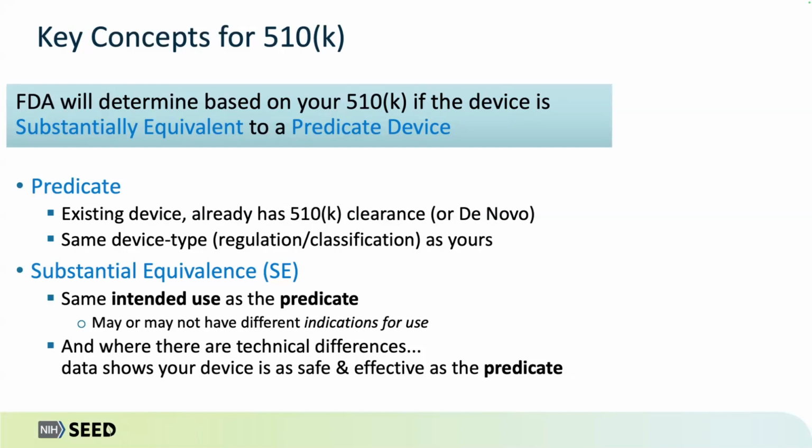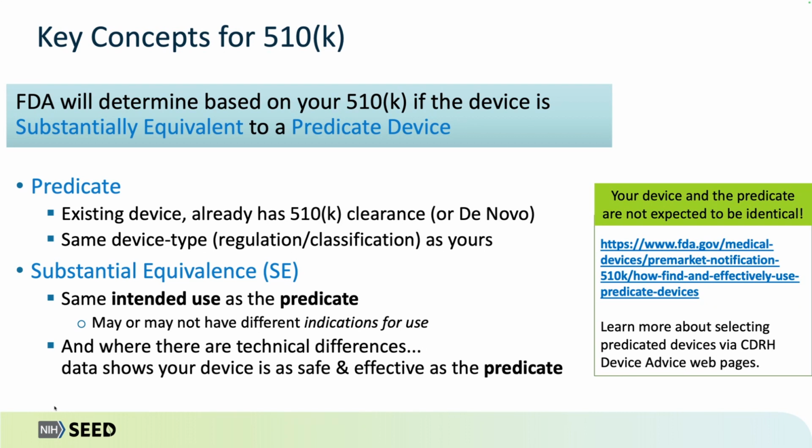The second criteria is that wherever your device and a predicate do have technical differences, these do not raise new fundamental issues. Where there are differences, you need to provide justifications or data to FDA showing that your device is still just as safe and effective as the predicate. Again, your device and the predicate are not expected to be identical. For more information about predicate devices and substantial equivalence, check out FDA's website.